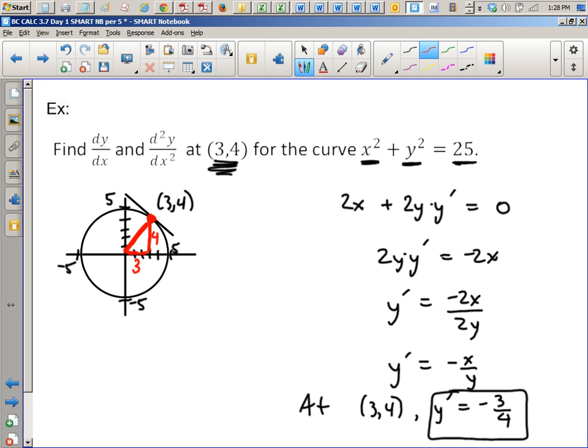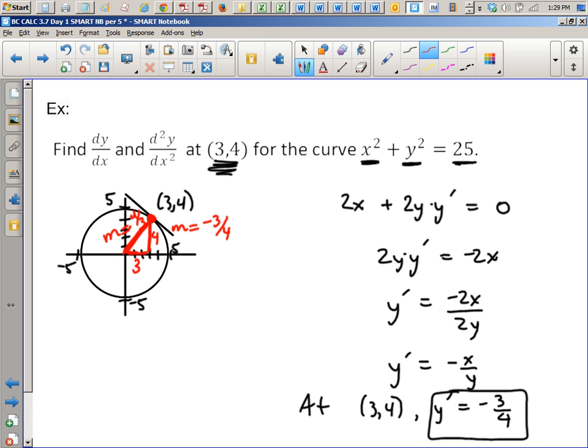What's the slope of the hypotenuse? 4/3. If the tangent line is perpendicular to the radius, doesn't that mean that the slope of this is negative 3/4? Okay, so do we need calculus to solve this problem? Not at all.